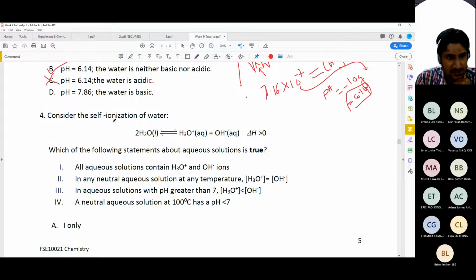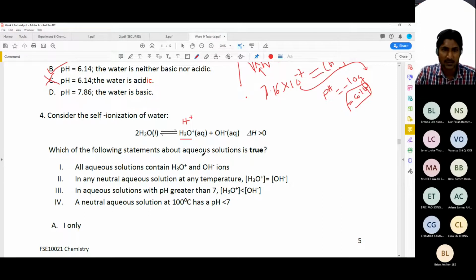Question number 4 says to consider the self-ionization of water. This is how water dissociates, or ionizes. For simplicity we just say hydrogen plus, since it is easier to write than H3O plus.